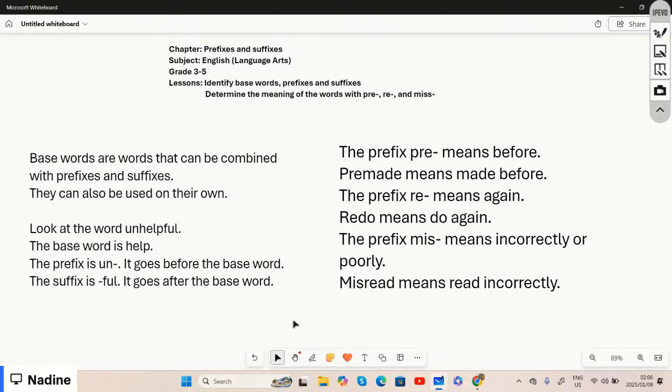And the lessons that we are going to be focusing on under the chapter of prefixes and suffixes: we're going to identify base words, prefixes, and suffixes. And we're also going to determine the meaning of words with pre, re, or mis.